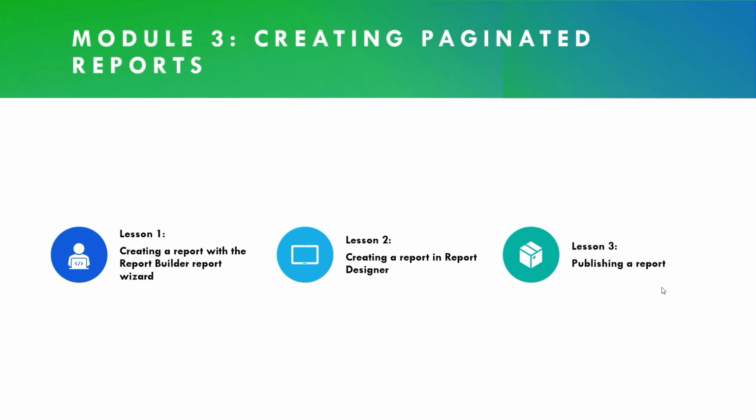After that, we talked about publishing a report, which in Visual Studio is really deploying it. So when we're doing our reports and our data sets and all of that in Report Builder, they're automatically up in SSRS. When we do it in Visual Studio through Report Designer, that is not the case.